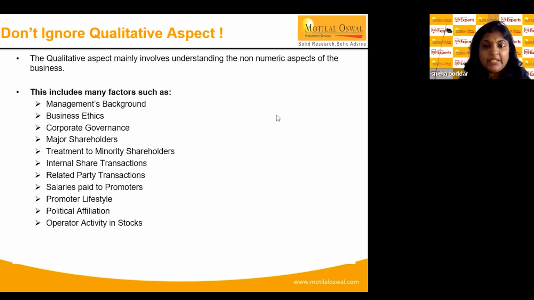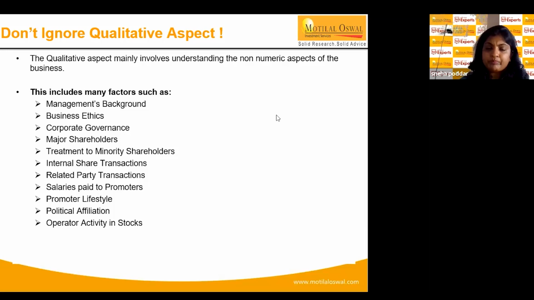What does EPS mean? EPS is nothing but earnings per share. So it's the overall net profit divided by your total number of shares, that is the equity capital which is there in your balance sheet. When we divide the total profit by the total number of shares, we get the earnings that the company is able to generate per share.